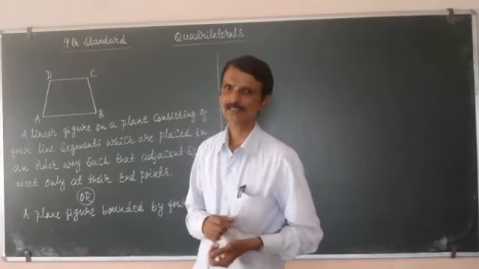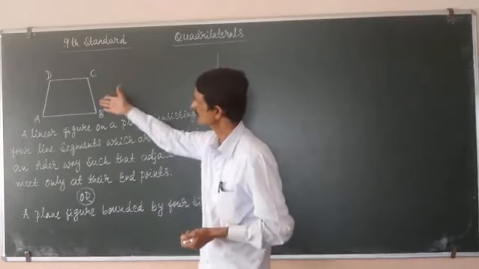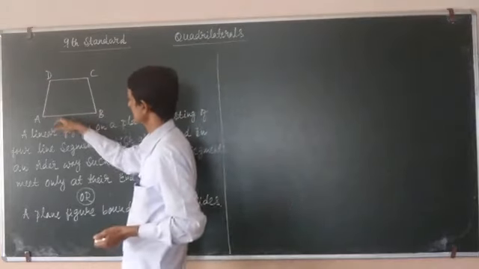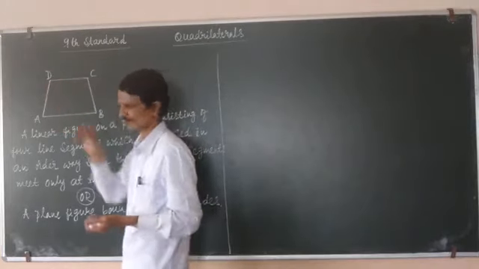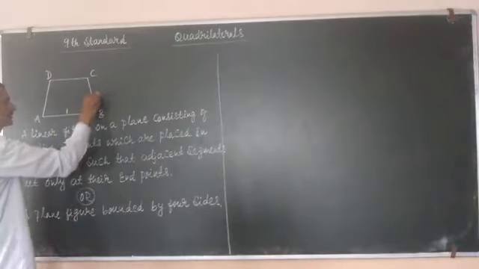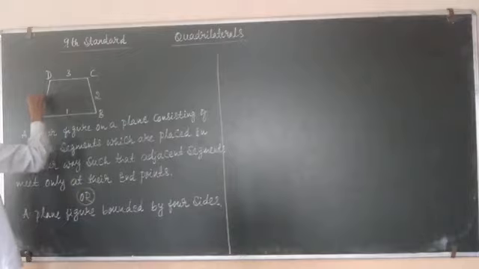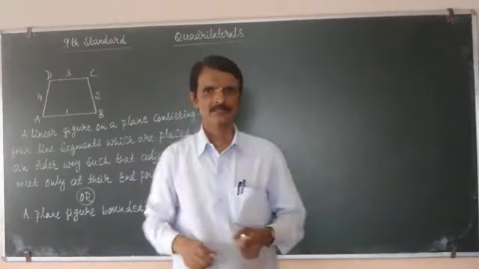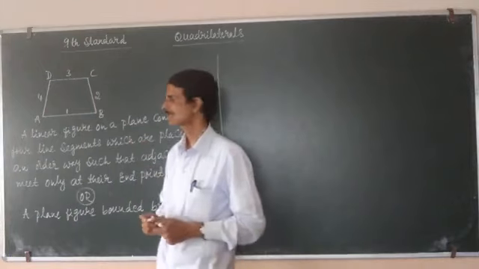If you observe the figure ABCD, it has four sides: 1, 2, 3 and 4. Therefore it is called a quadrilateral.